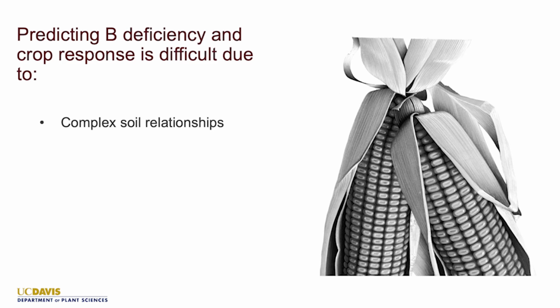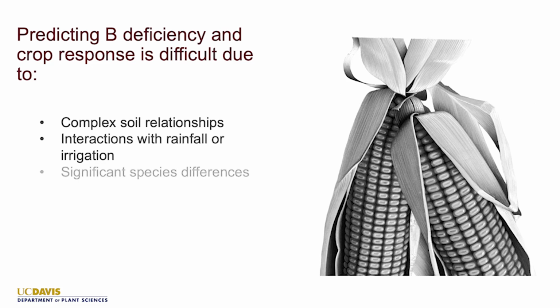It's difficult because of the interactions with rainfall and irrigation. It's difficult because cultivars and species differ. And it is also difficult because the soil tests we have and the plant tests we have are not very good at predicting if and when we'll get a response. And that is, of course, because of the 4 reasons I've shown on the screen.